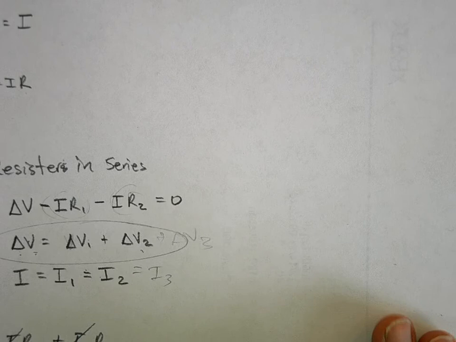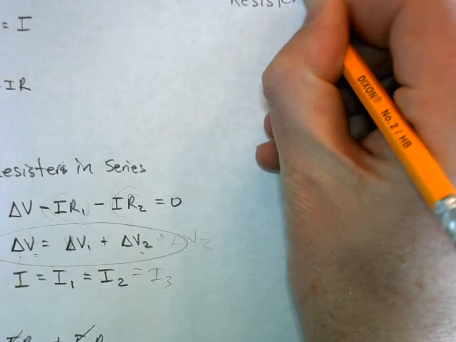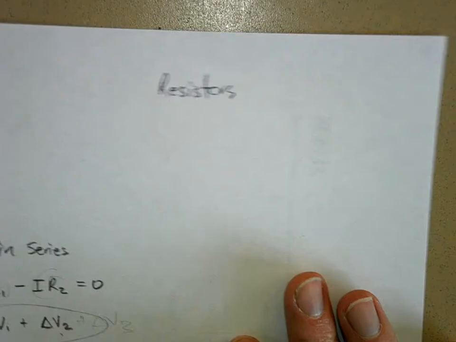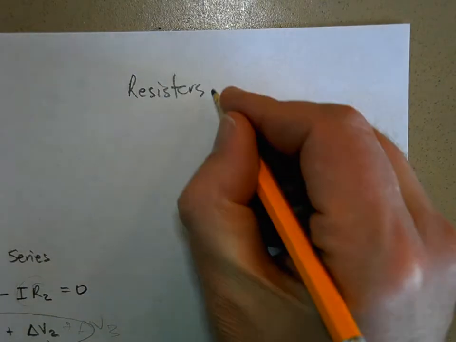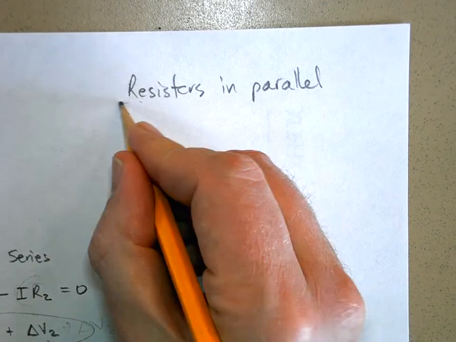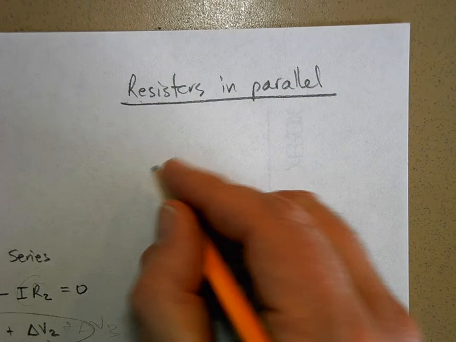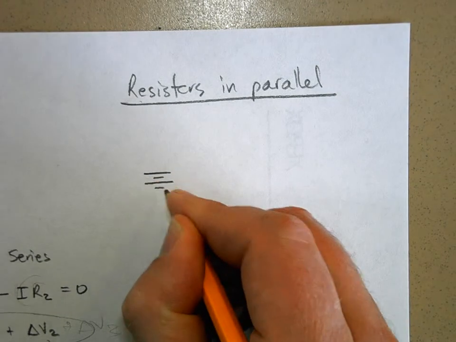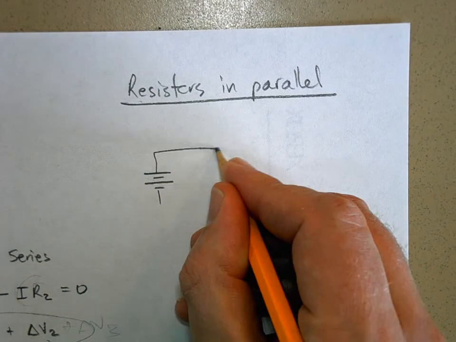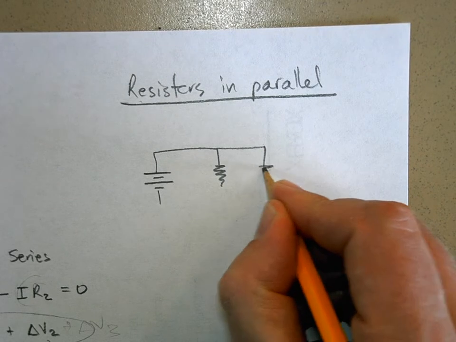Now let's talk about resistors in parallel. Well, here's my battery delivering voltage to my circuit. Here's R1, here's R2.